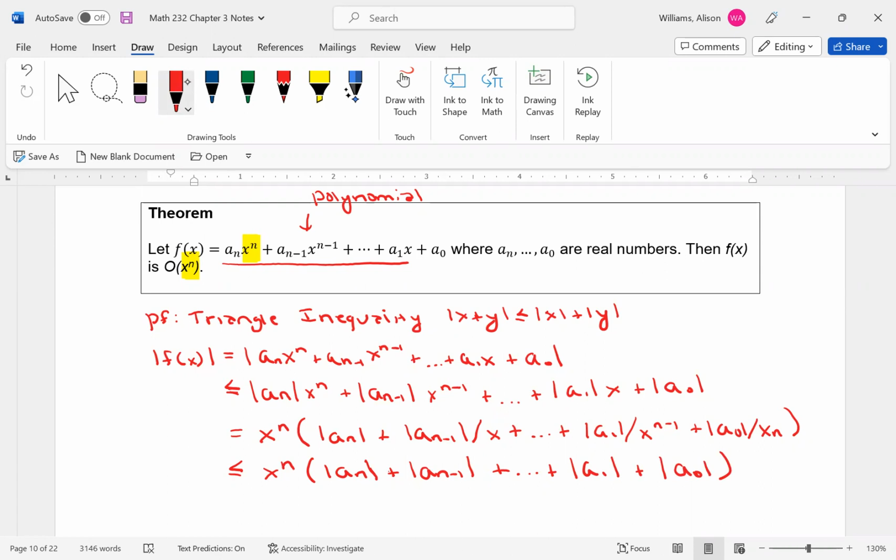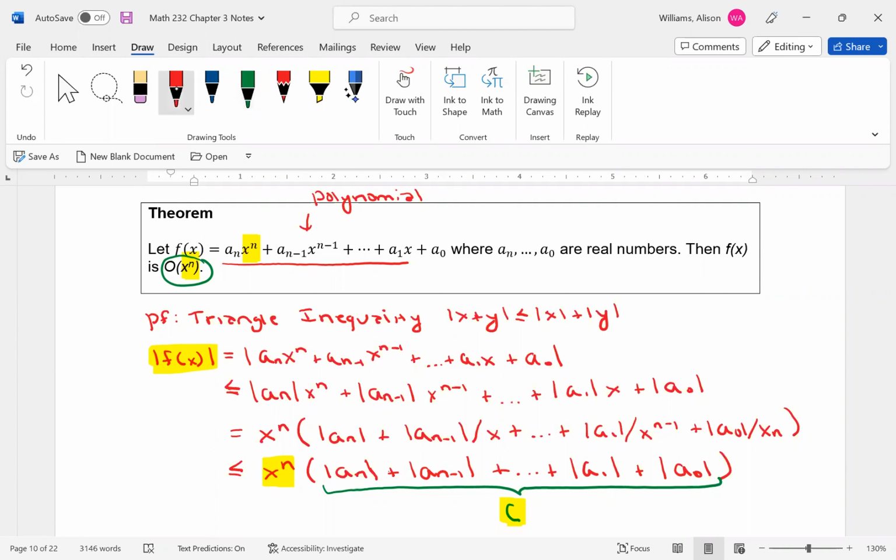And this is just a gigantic constant, which I can call C. So I've just shown that f of x is less than or equal to C times x to the n, which is the g of x for this big O notation. So we did it. We're done.